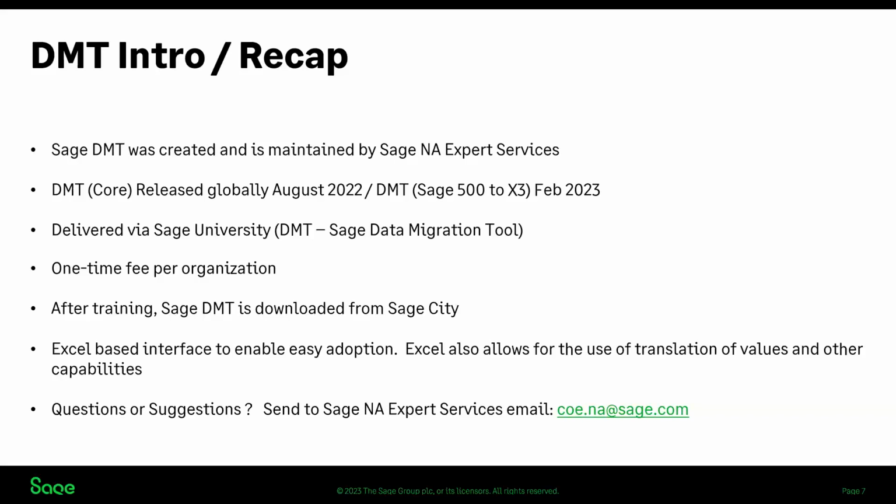You can obtain this through Sage University, the Sage Data Migration Tool for 500 or for Core. They are separate. There is a one-time fee per organization, and then you can use it throughout the organization. After training, you go to Sage City and download the tool.